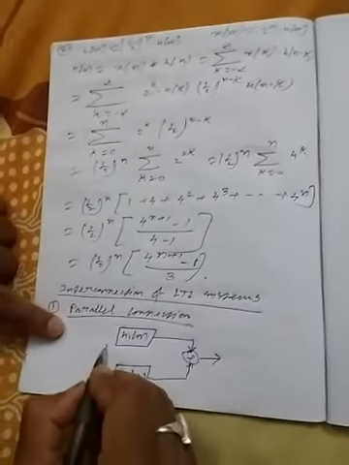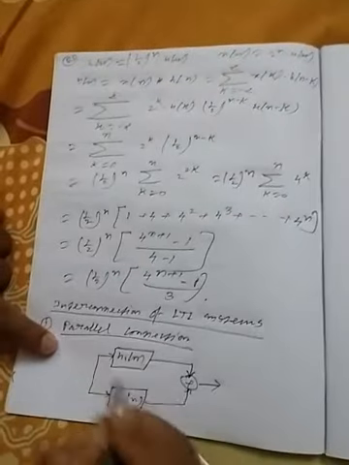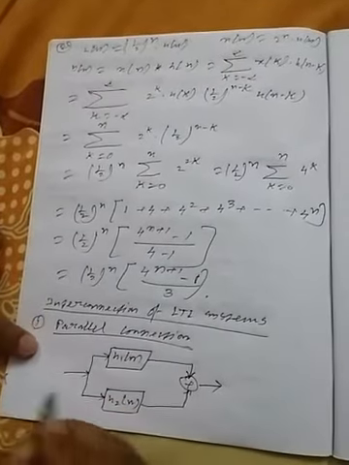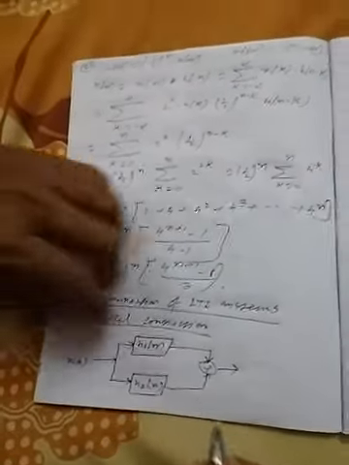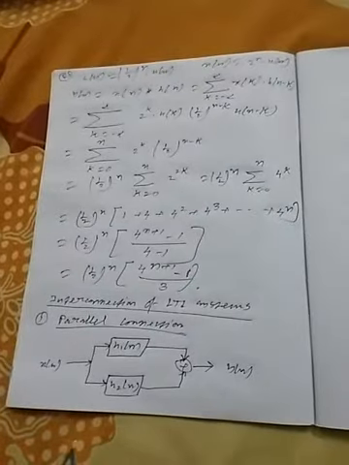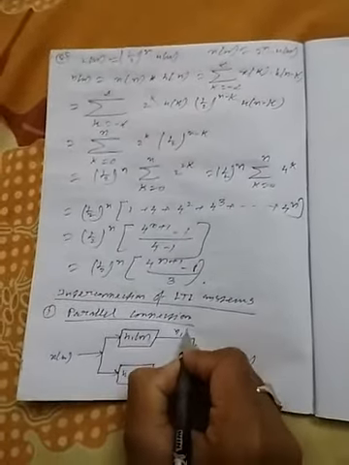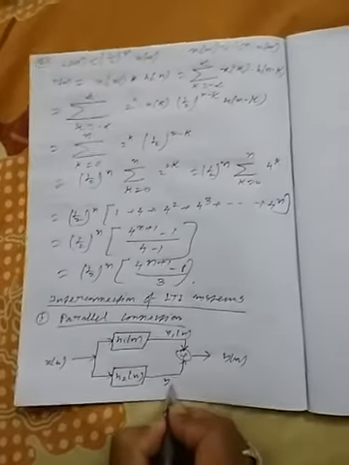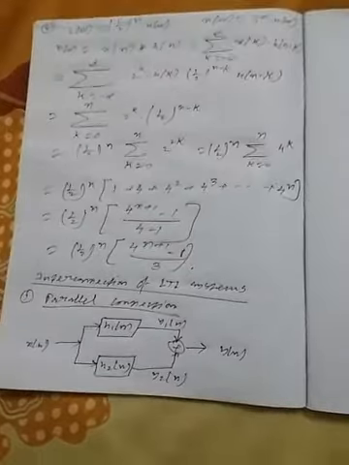And this is the output. Same input goes to each block. So input is xn and output is yn, say, okay? And assume here the output of this block is y1n and output of the second block is y2n, okay?